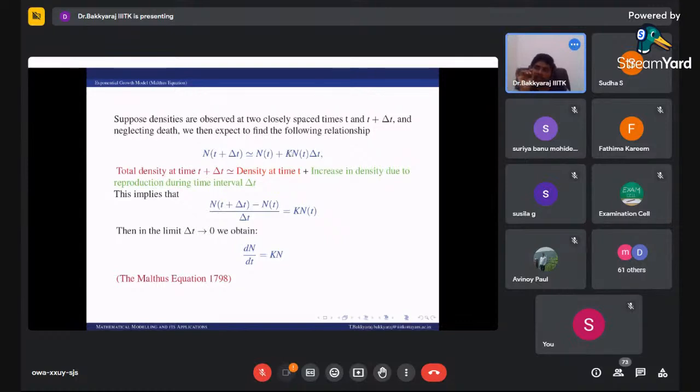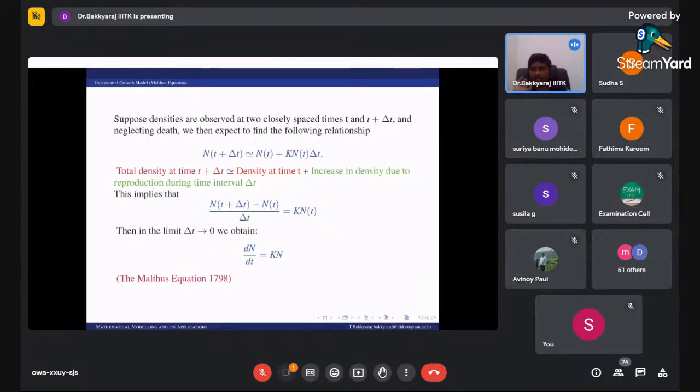For delta t time, how many new bacteria are produced? You have to multiply k into N over the period delta t. k into N is per unit time, we want delta t time, so you multiply by delta t. So this is the bacterial density at t plus delta t.